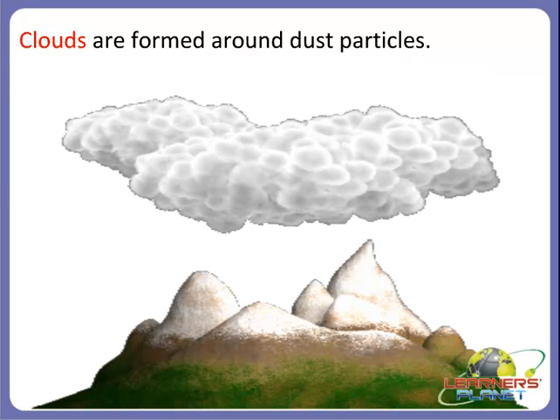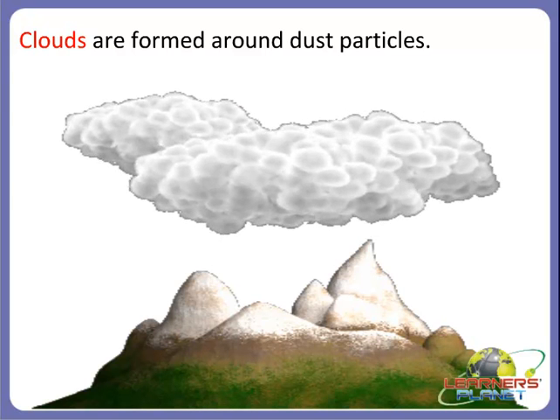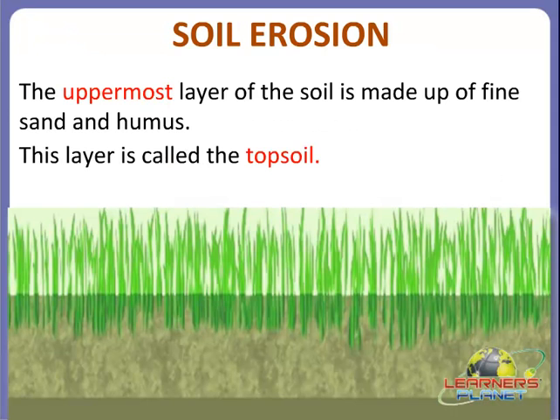Okay children? So I hope you are clear with the types of soil. Now we will study about soil erosion. So children, what is meant by soil erosion? Alright, first we will study and learn about topsoil.